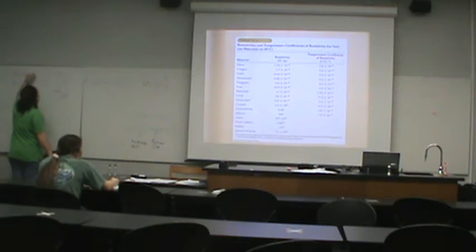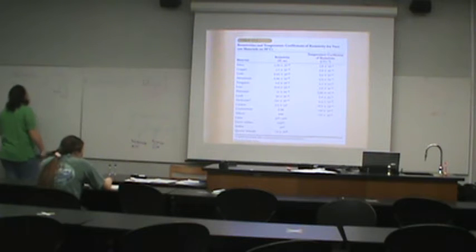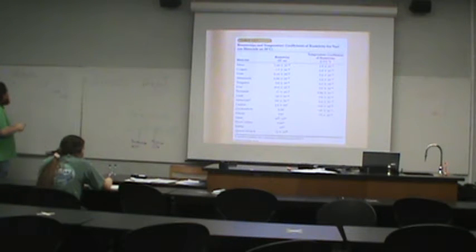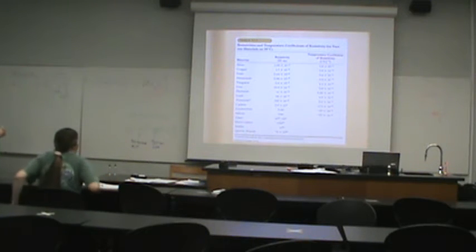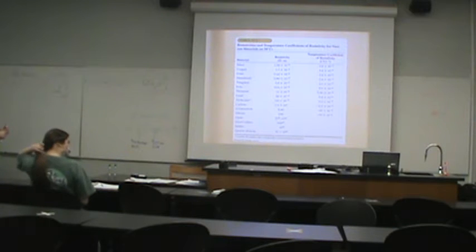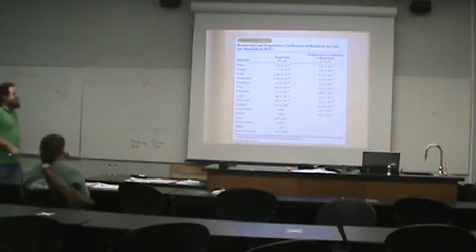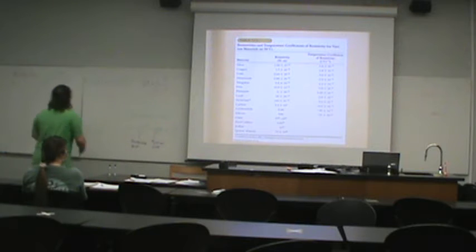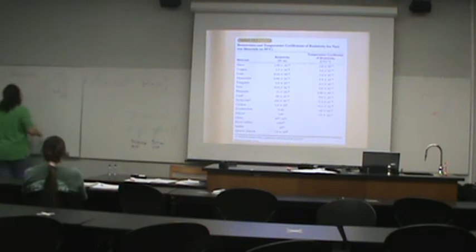That's ohms times meters. And the temperature coefficient, the adjustment value for tungsten is 4.5 times 10 to the negative 3. And that's in units of 1 over Celsius, I think.